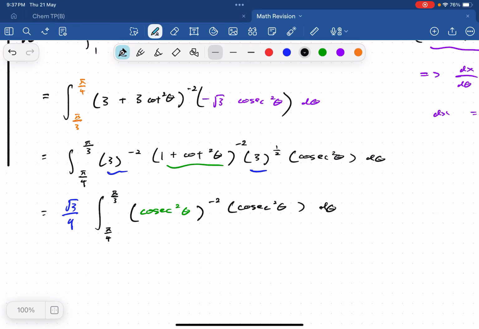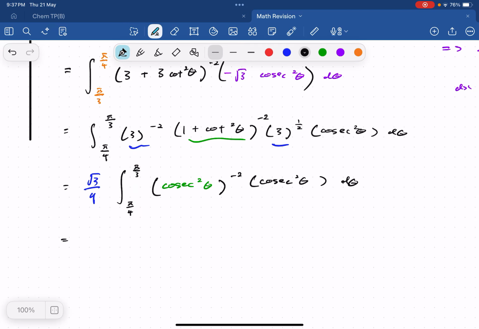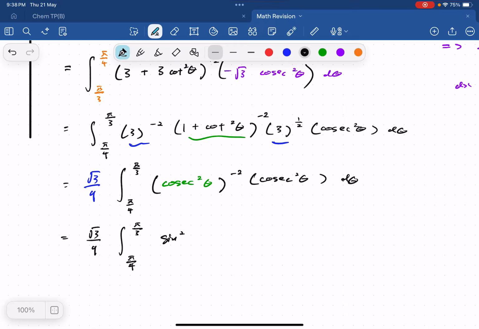It's easier to integrate. And then I'm going to get on to integrating. It will end up being just sine squared, right? Yeah, because it's cosecant squared to the power minus 1. So that is just 1 over cosecant squared.